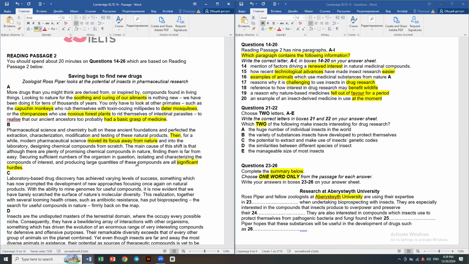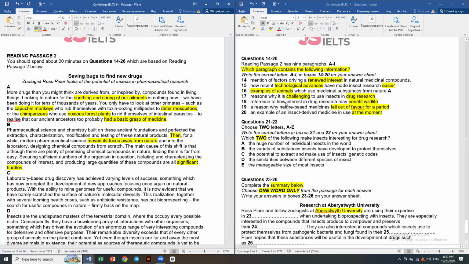So, however, for this reason, you might think somehow that it is challenging to use insects in drug research, right? Challenging to use, but that's not the key point here. The key point here is a reason why nature-based medicines fell out of favor.